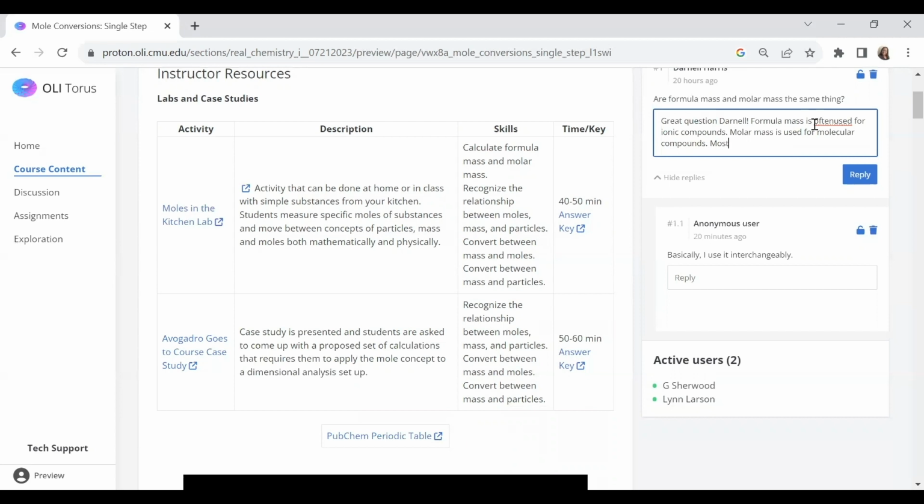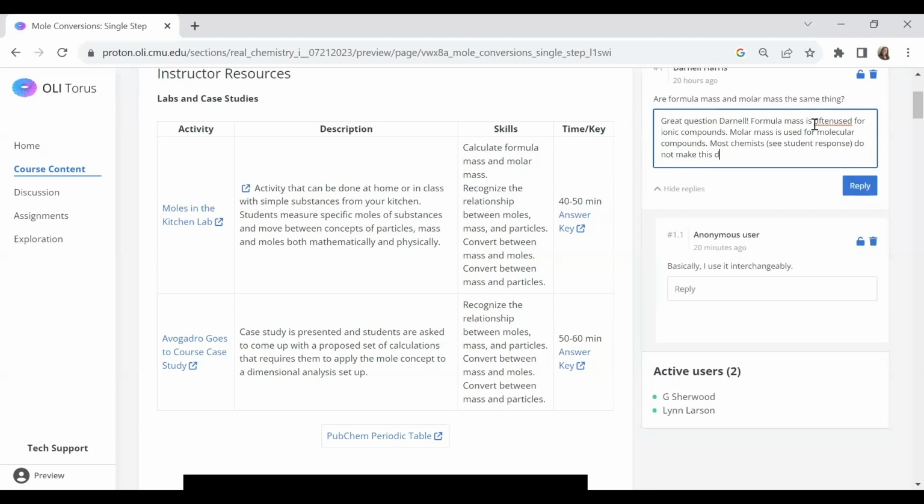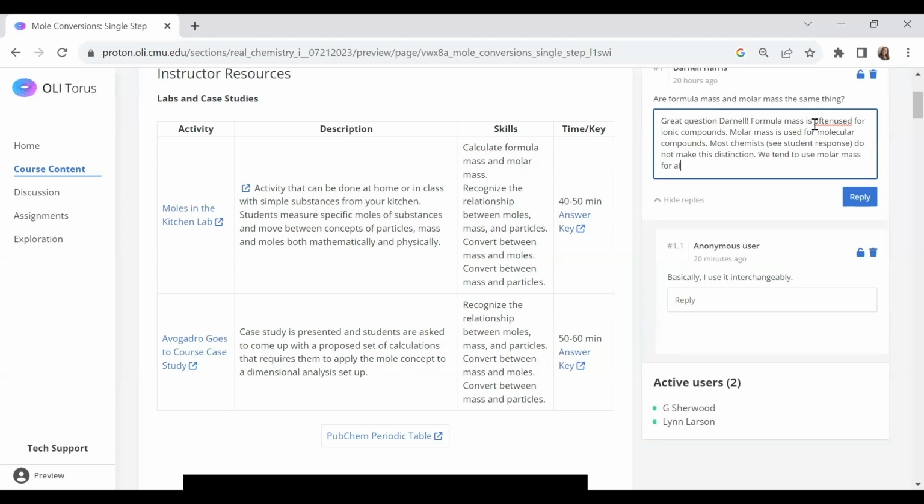Most chemists do not make this distinction. We tend to use molar mass for all compounds. Hope this helps.